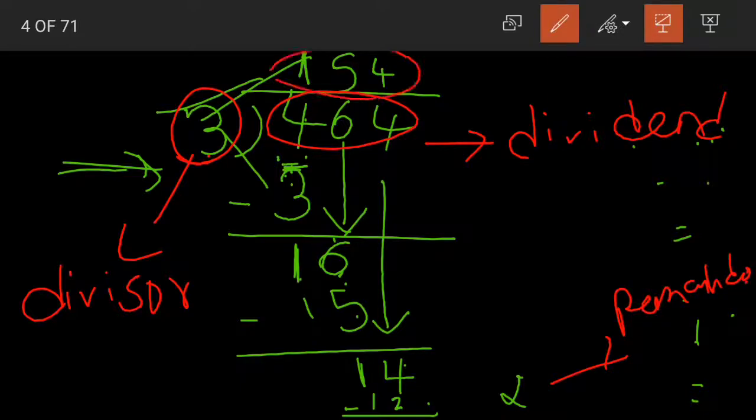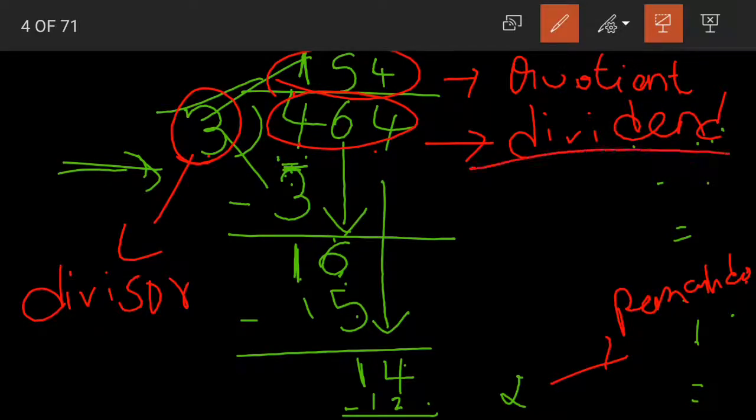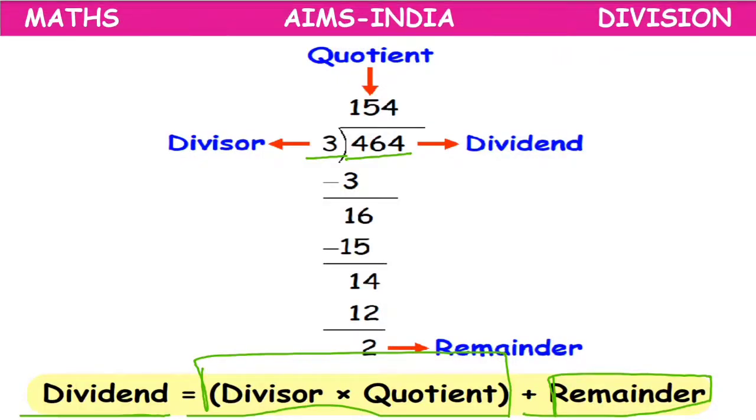And 154, the number written on top, is the quotient. Understood, children? 154 is the quotient, 464 dividend, 3 is the divisor, and the last number 2 is our remainder.